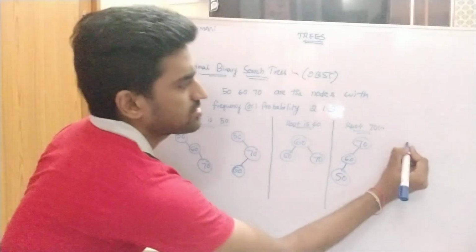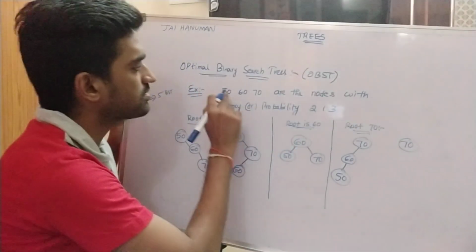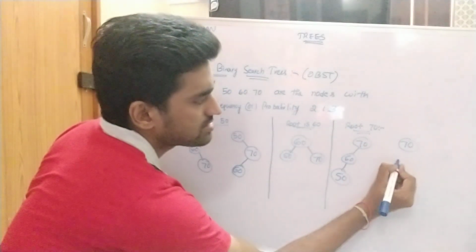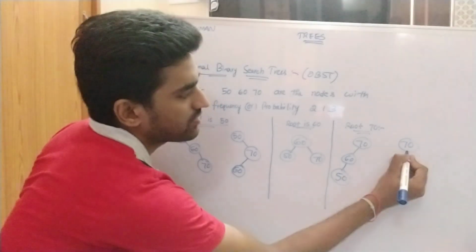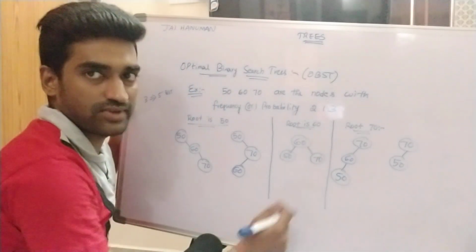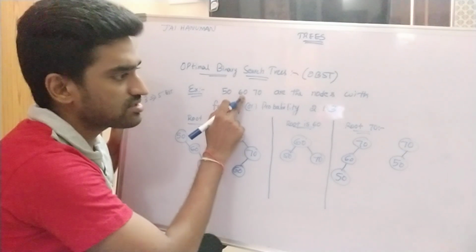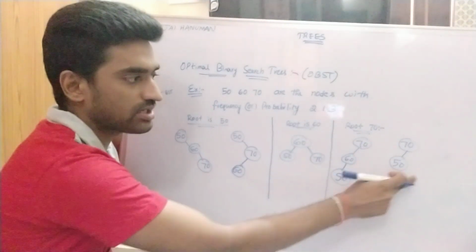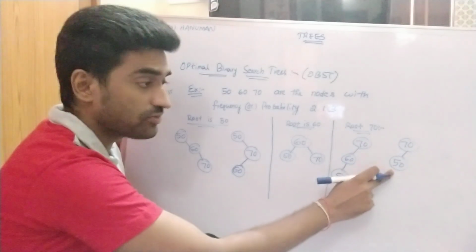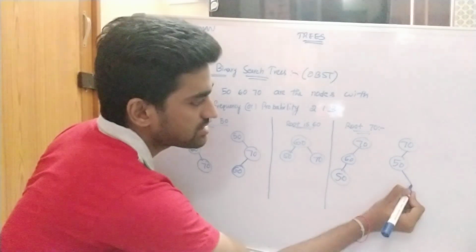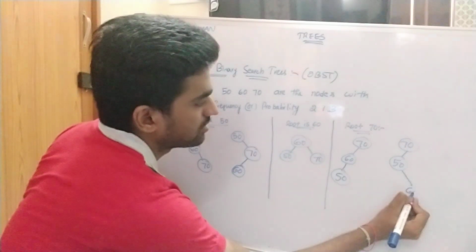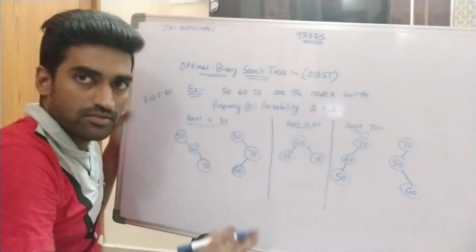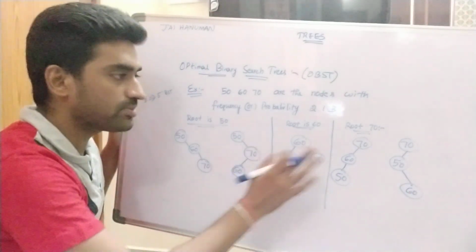Now suppose I am considering 50 first. 50 is less than 70, so we can place it to the left of 70. Then I am considering 60. Compared to 70 it is a lesser value, so we move left to 50. Compared to 50 this is a greater value, so I am placing it to the right of 50. So these are the possible binary search trees. 5 possible binary search trees.